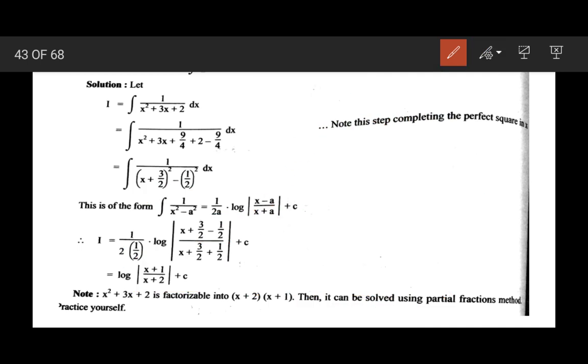Note that x square plus 3x plus 2 is factorizable into x plus 2 and x plus 1. Then it can be solved by using partial fractions. If you factorize this as x plus 2, x plus 1, then we apply the partial fraction method. But here we can solve this by using the third term method.